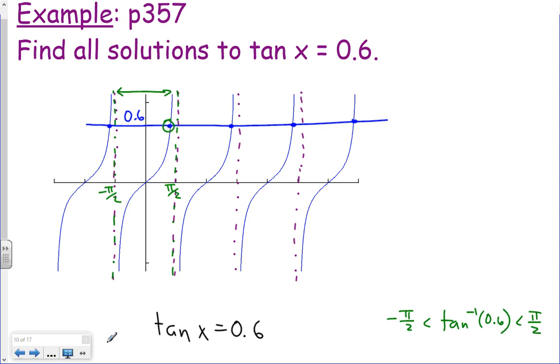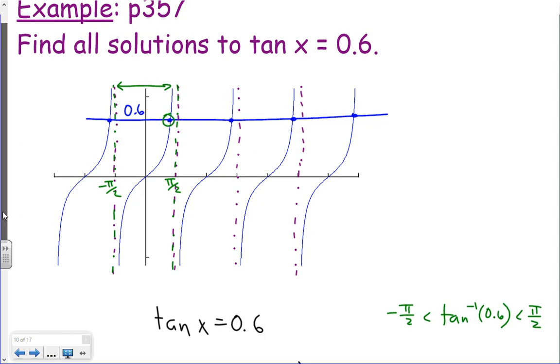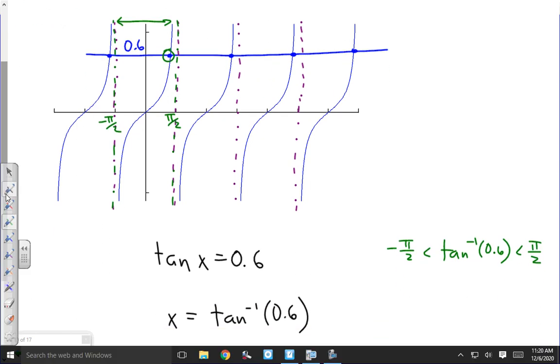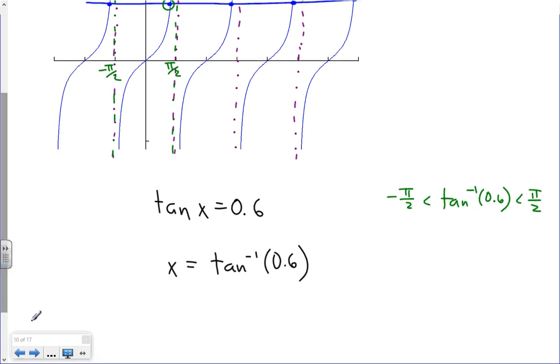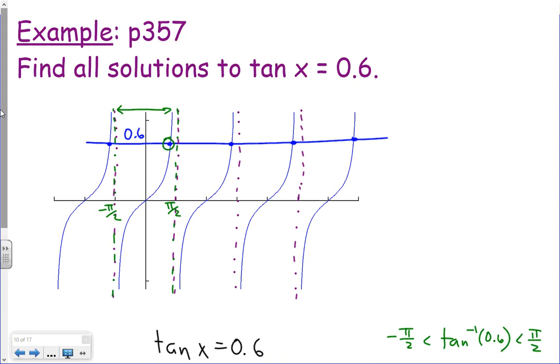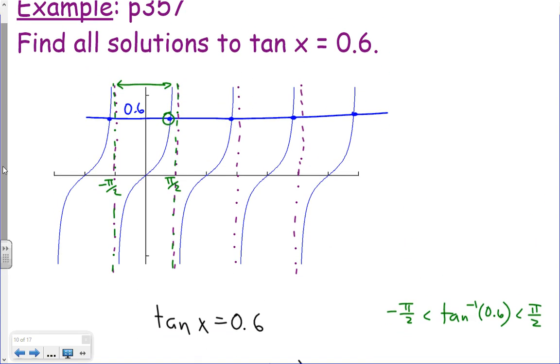The period is only pi units, or 180 degrees. So if I take this answer and add on multiples of my period, plus pi n, that should give me all the solutions. That is, wherever this first solution is at that I've circled, pi units later is this next solution, and pi units after that is the next one, and so forth.